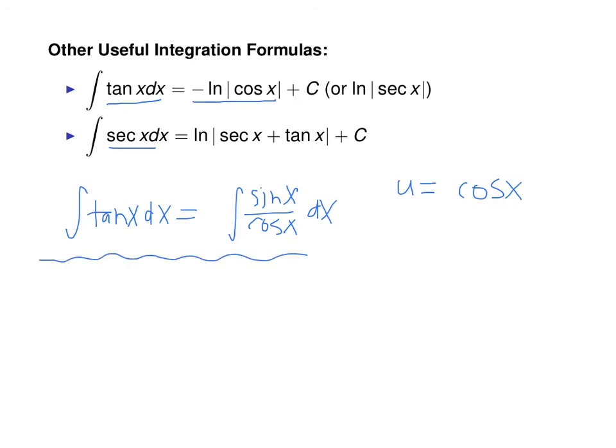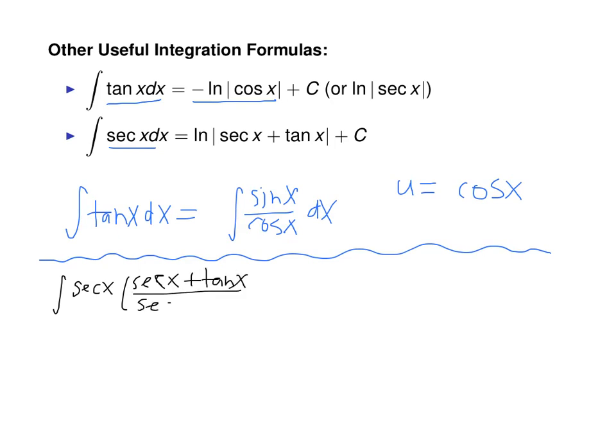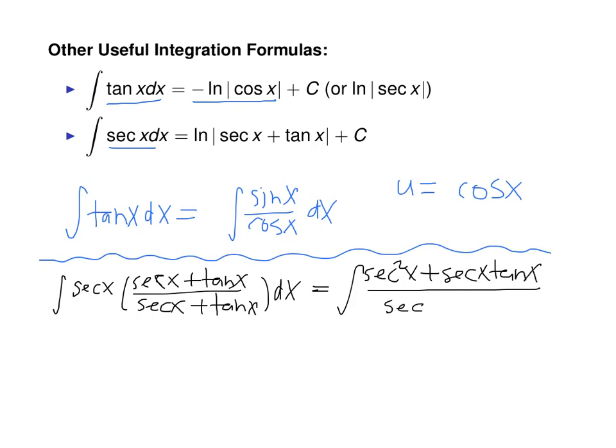Now, secant x is a little bit less obvious. That's quite tricky. So how you evaluate the integral of secant x is you multiply by secant x plus tan x over secant x plus tan x. And that gives you the integral of secant squared x plus secant x tan x over secant x plus tan x dx.